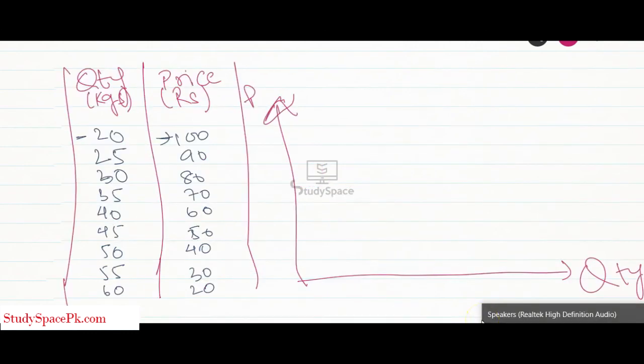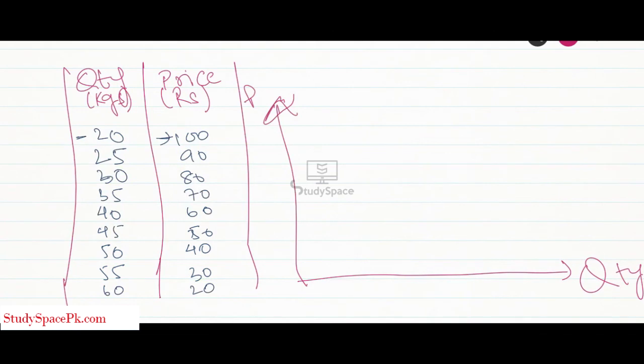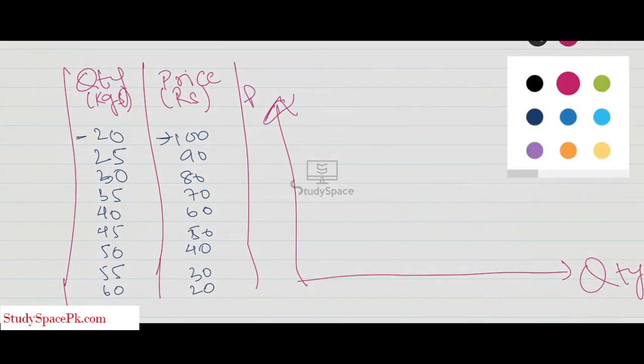So now let's have a look at an example about how to draw a demand curve. For example, these are the quantities in kilograms given of the wheat at different prices, and we can see as the prices decrease, the quantity demanded of the wheat increases. Right?